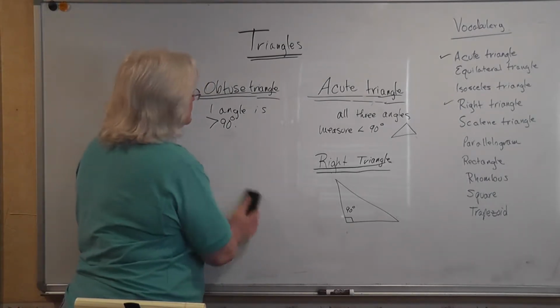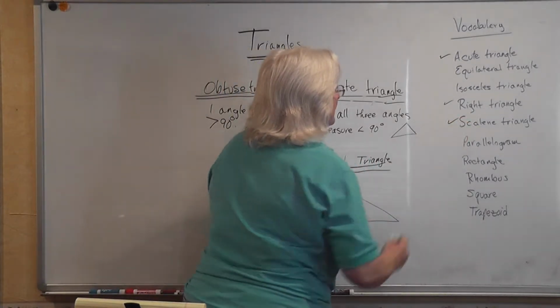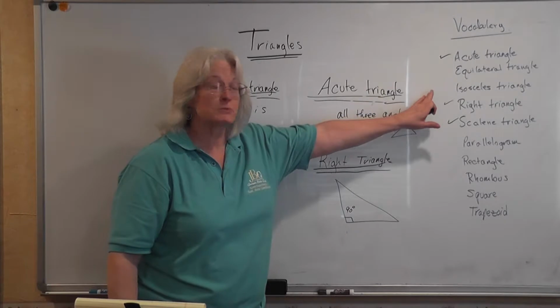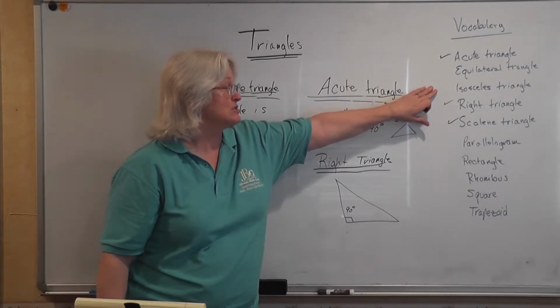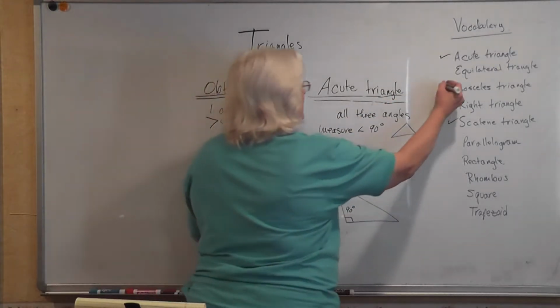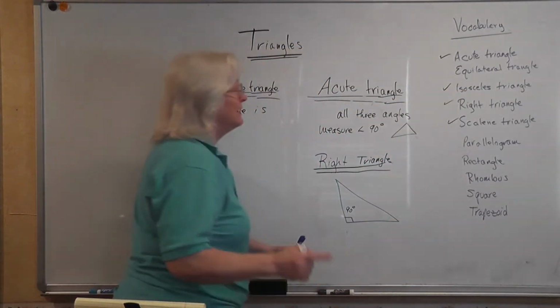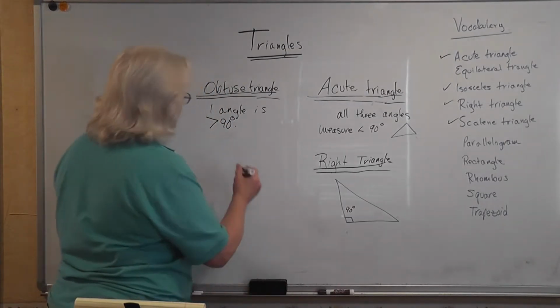An isosceles triangle. That's how you pronounce this funny looking word here. Learn to spell it. I-S-O-S-C-E-L-E-S. An isosceles triangle is one where at least two of the angles are the same.